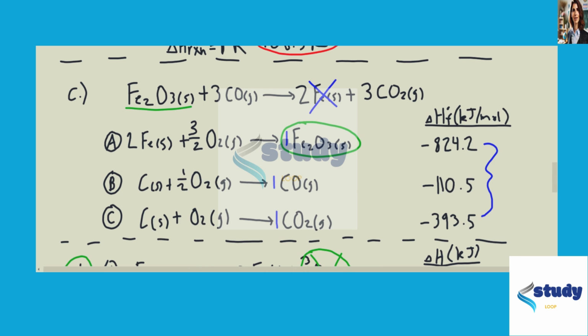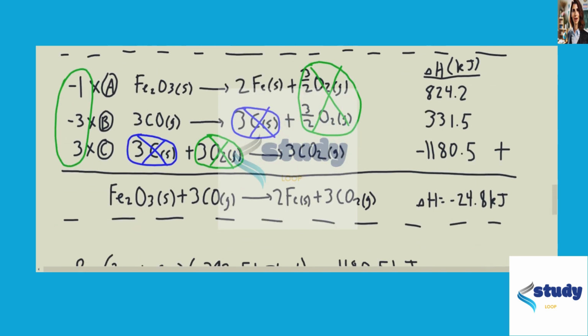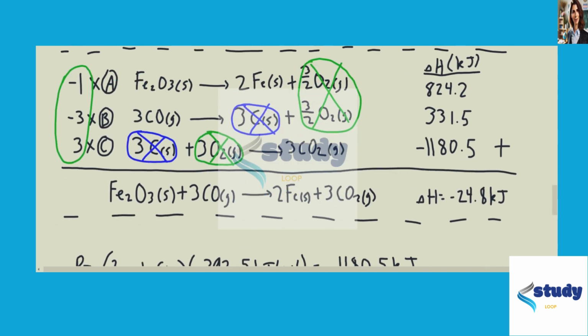And for 3 COs on the reactant side, we need to flip this reaction and multiply it by 3 so that we have 3 COs on the reactant side. And then for 3 CO2, we have CO2 as a product, but we need to multiply it by 3 for that stoichiometric coefficient. So when we do all of that and we adjust the values for delta H, when we add them all together, we get a final answer of -24.8 kilojoules for the overall enthalpy change for the reaction in part C.